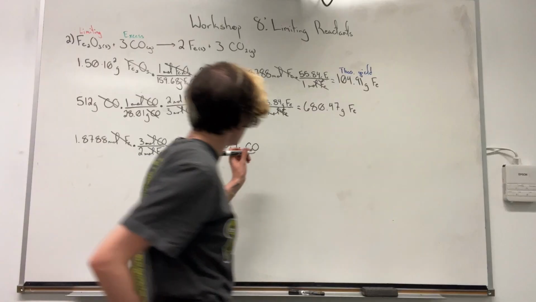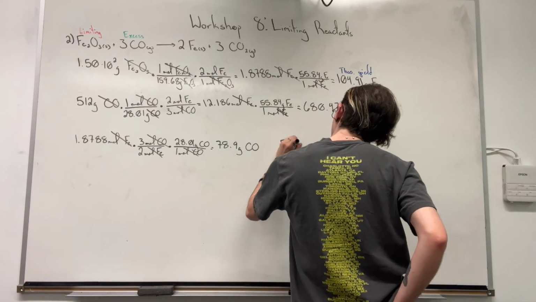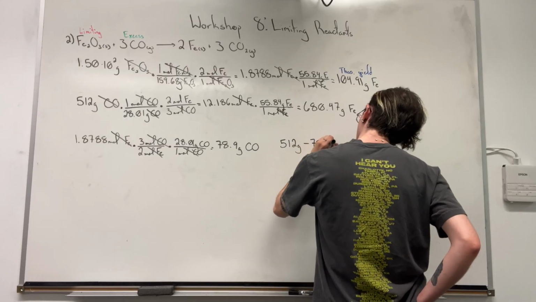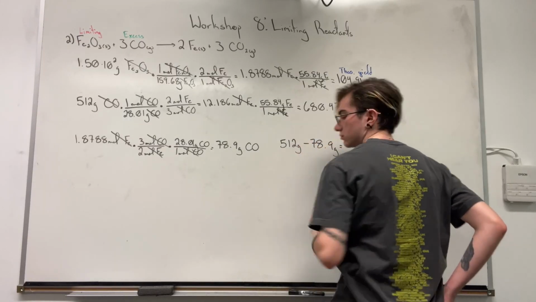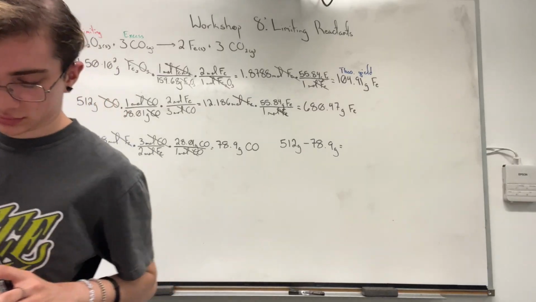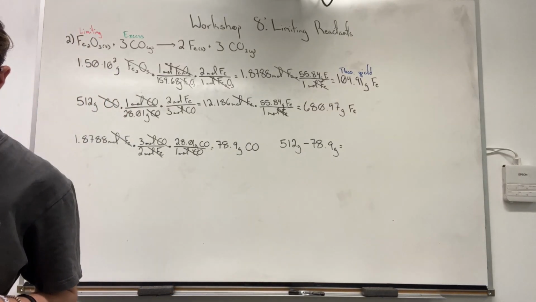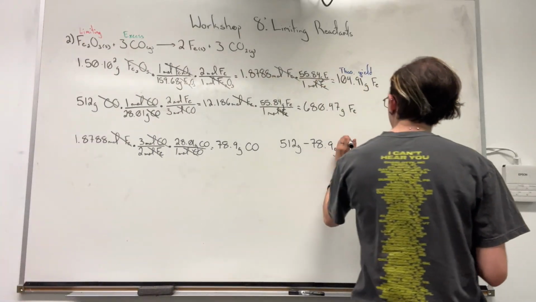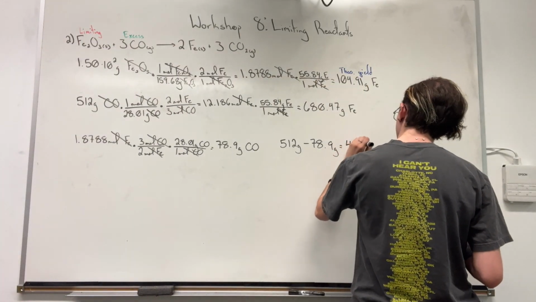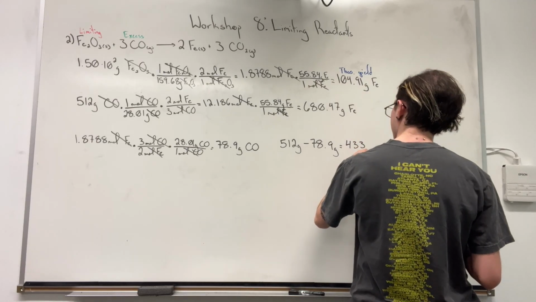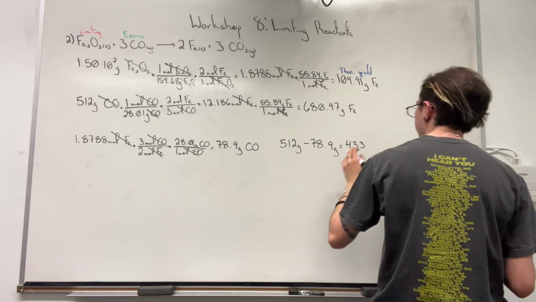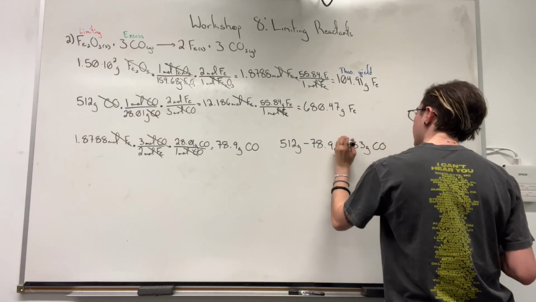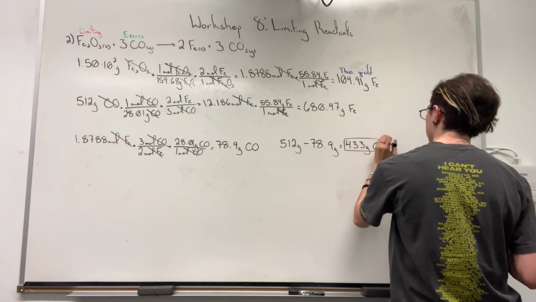And so if we started with 512 grams, we're only going to use 78.9. That means that we have 433 grams of carbon monoxide as excess.